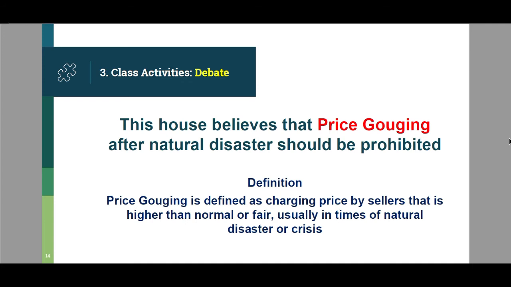But for the opposition, you will find arguments to prove or explain that price gouging is okay to conduct during the period of crisis, and it might even benefit the community. Of course, at first, I believe you will find it strange why it is normal to let the seller exploit the situation, and why it's alright for them to do that.